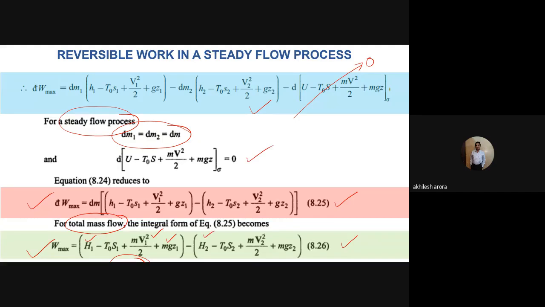Additionally there is one term which has been added in both the brackets, and that is minus T naught s1 and minus T naught s2. This is the heat transfer term which has come into the picture when we derived this particular equation. You will come to know later on.